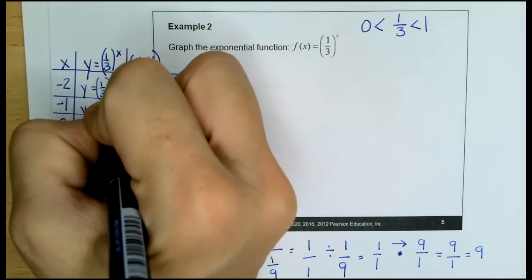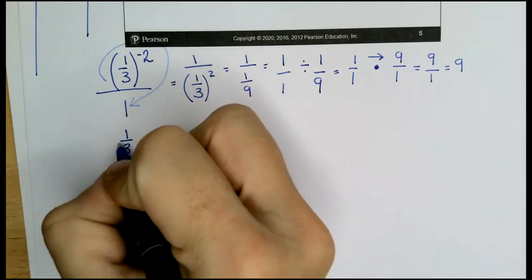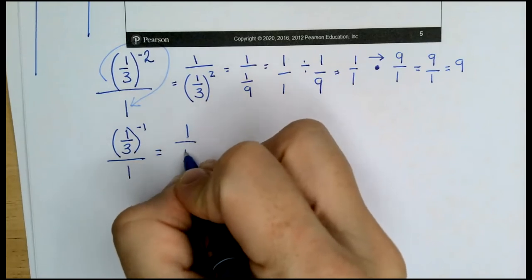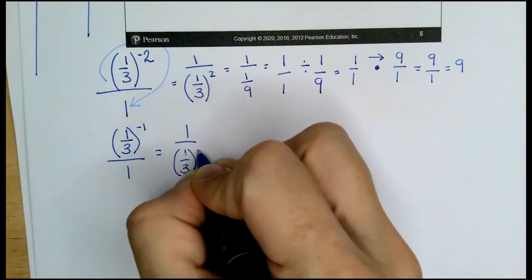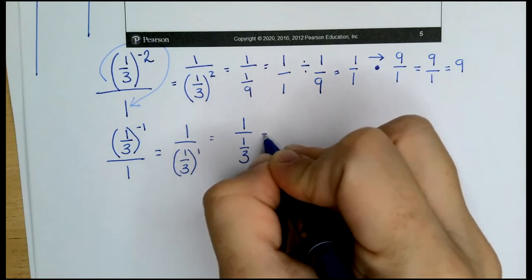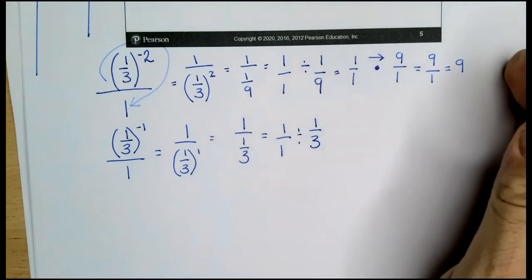When it is not -2 but -1, we do the same thing. (1/3) to the -1st becomes 1 over (1/3) to the 1st. (1/3) to the 1st is just 1/3. So that's 1 divided by 1/3, right?